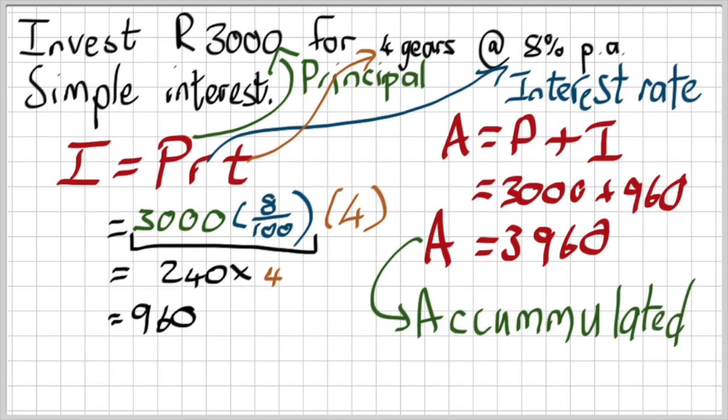So that is kind of my end value, is 3,960 rand, which is exactly what we got by doing it step by step by step.